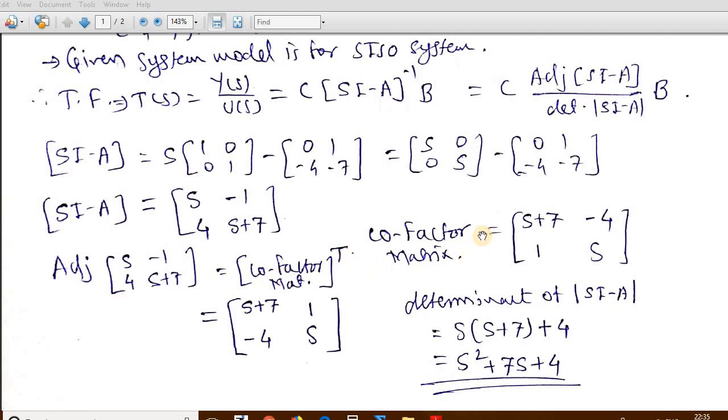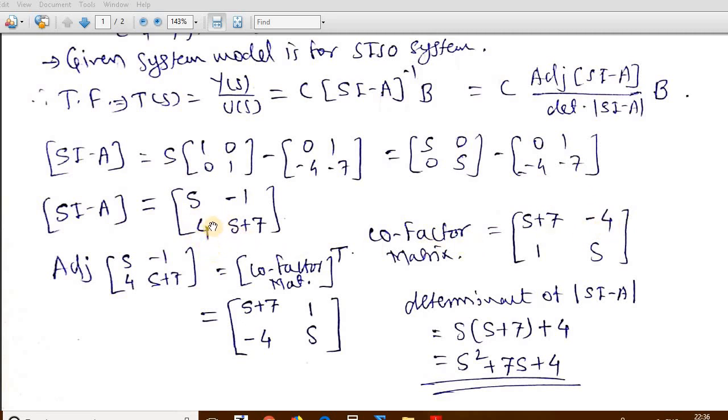Now let's see how the cofactor matrix is written. The cofactor of the element at 1,1 is at an even position, so it is s plus 7, with no sign change. The cofactor at 1,2 is at an odd position, so it is 4 with the sign changed, that is minus 4.